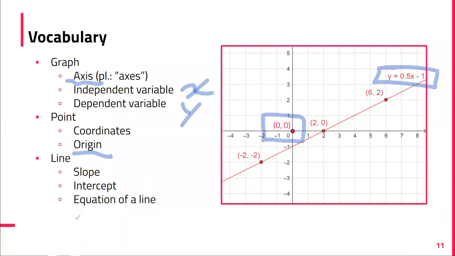Intercepts, we had this word intercept, and separately, intersection. What is the difference between an intersection and an intercept?